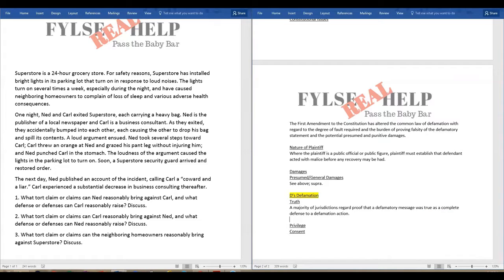Next, for absolute privileges, we have legislative proceedings, judicial proceedings, executive communications, things that happen between spouses, and when you're compelled by the law.